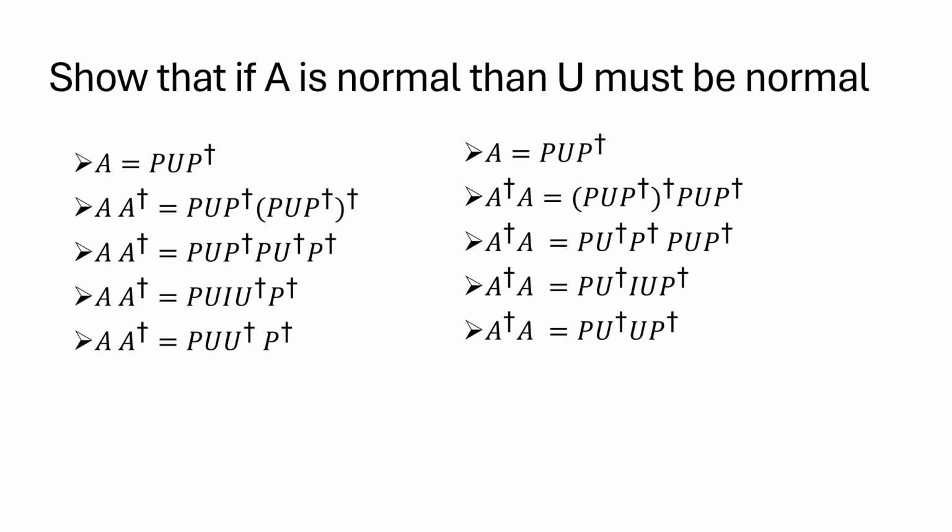Now, the difference between this and this is that the product right here in the middle is in a different order compared to the product right here in the middle, right? And since we know that A is normal, it has the commutative property of A and the product of itself with the Hermitian transpose.